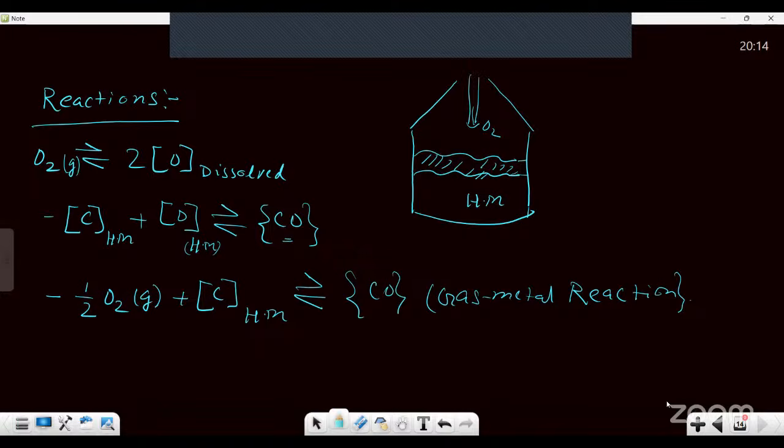Apart from that, what are the reactions that are possible? Other reactions that are possible. The carbon of the hot metal can also react with FeO.